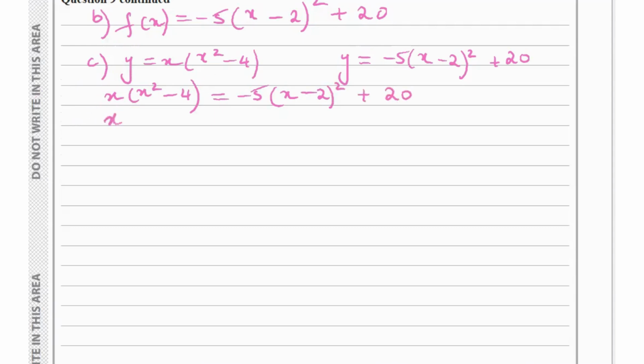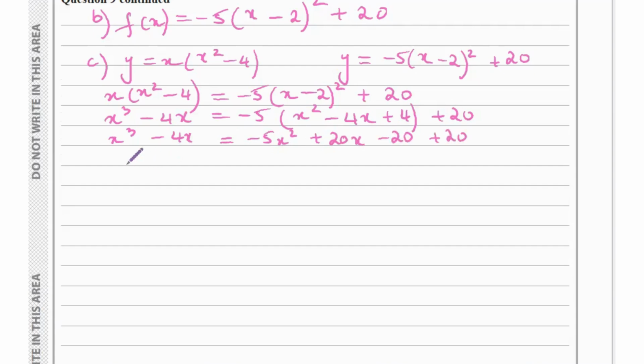Expand the bracket. x cubed minus 4x equals negative 5 times, expand the bracket, x squared minus 4x plus 4, plus 20. So x cubed minus 4x equals negative 5x squared plus 20x minus 20 plus 20. x cubed minus 4x equals negative 5x squared plus 20x. 20 minus 20 is 0.